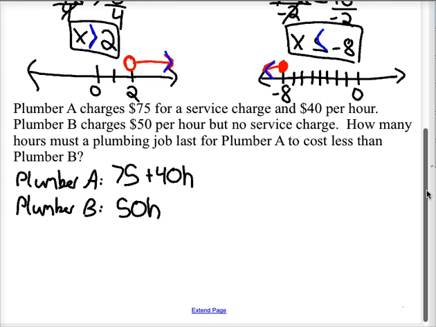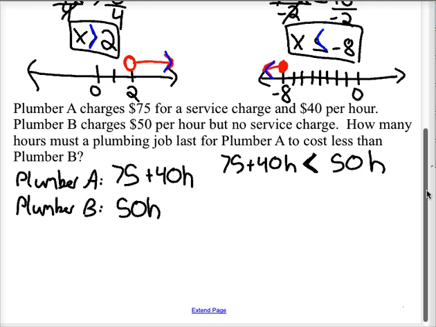All right, and now we want plumber A to cost less than plumber B. So I'm going to write this 75 plus 40H. We want to know for what values will that be less than plumber B. So when they charge 50H.